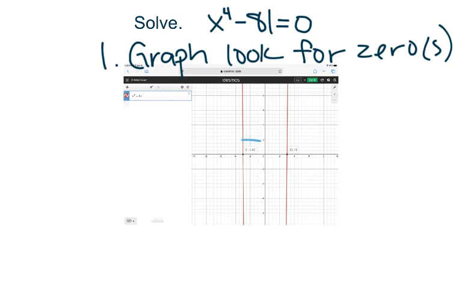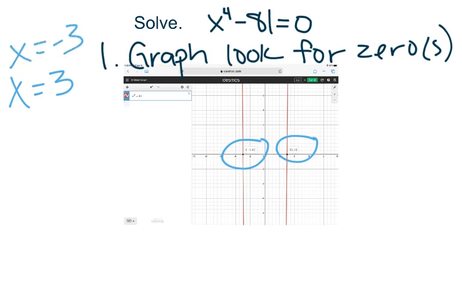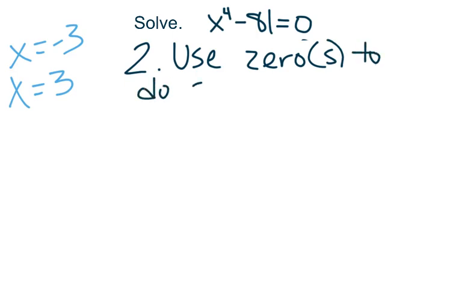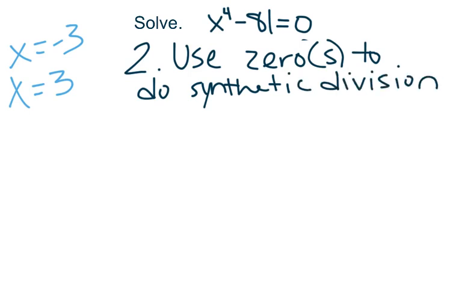It definitely hits at 3 and negative 3, so x equals 3 and x equals negative 3. Alright, I'm going to get rid of this now. Step 2, we're going to use the zeros we just found to do synthetic division, until we have a quadratic.